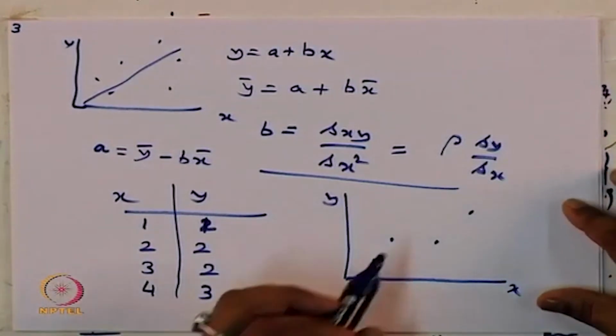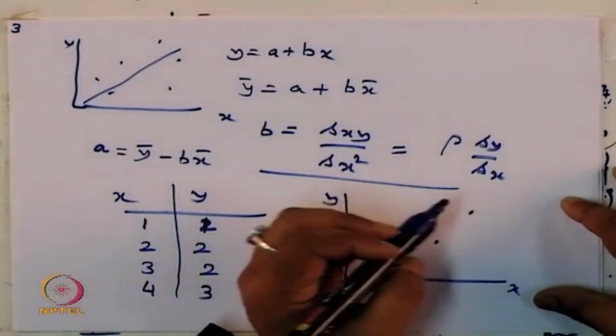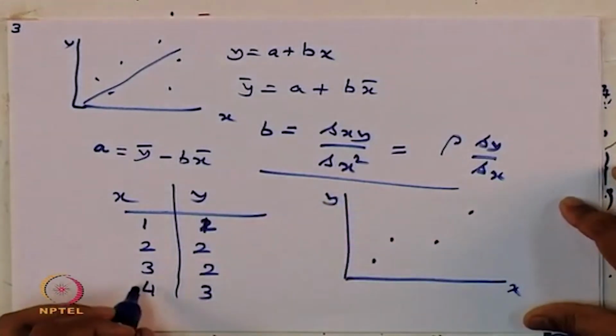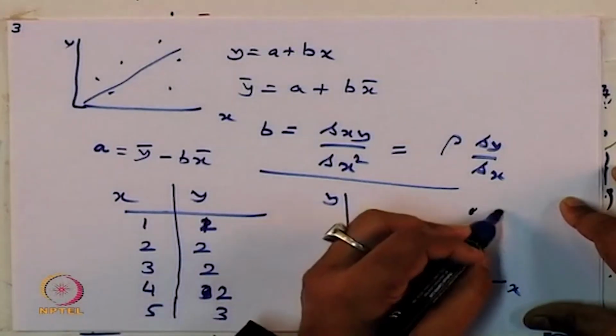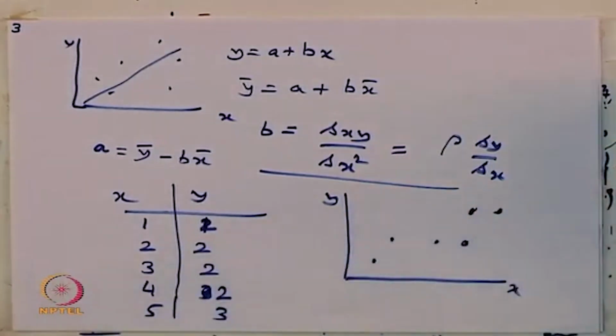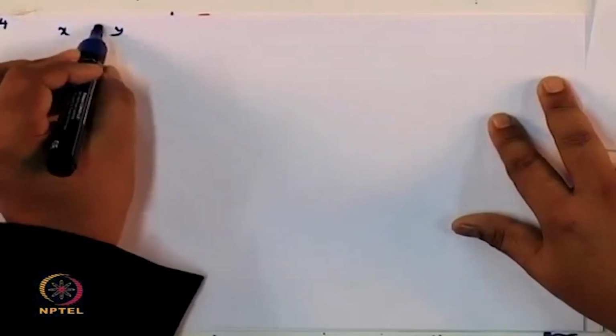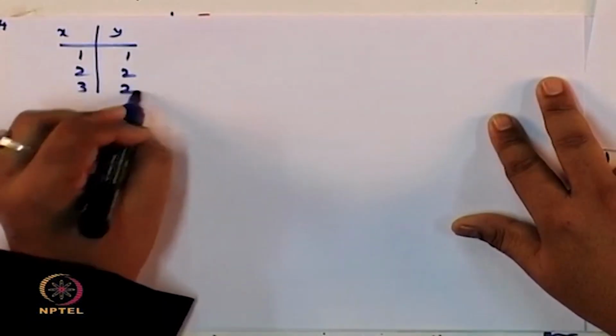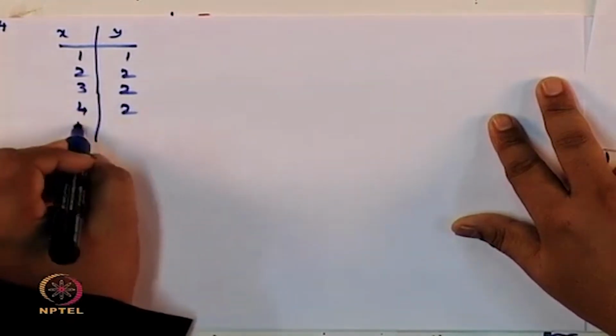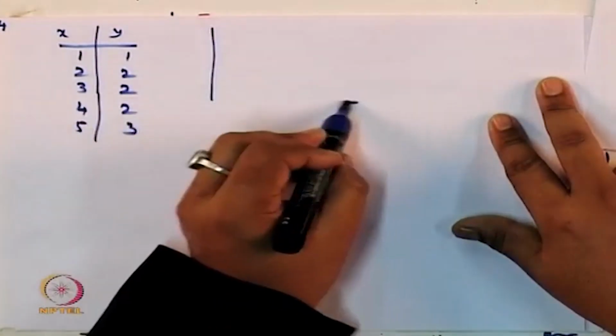If I can add one more point, or maybe what I do is 4, 2 and 5, 3. So my data points look something like this. My points are once more x and y: 1, 1; 2, 2; 3, 2; 4, 2; 5, 3.